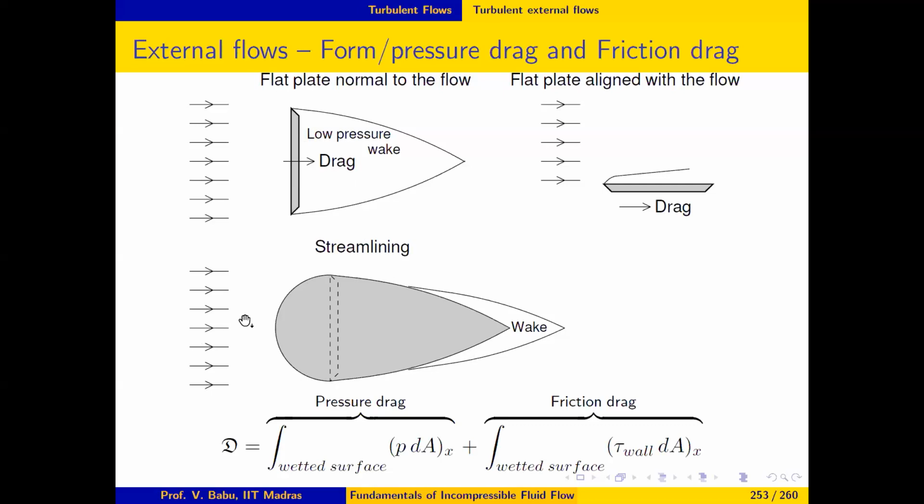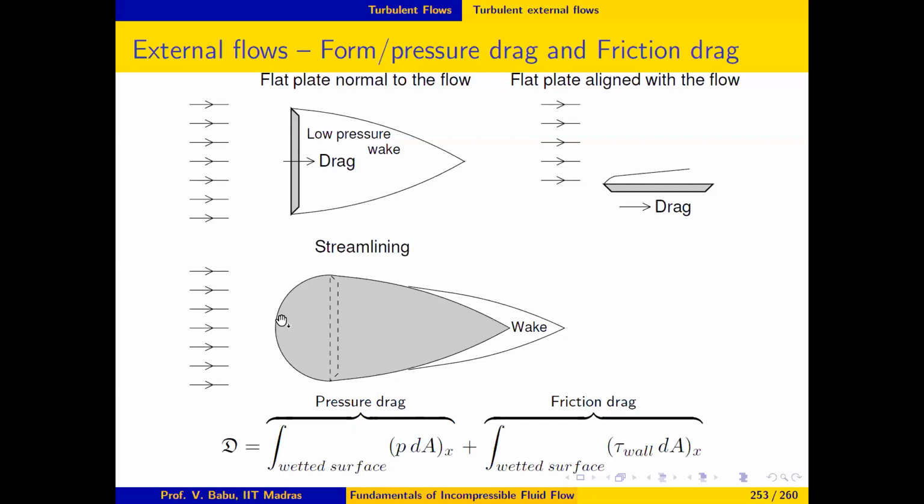So the fluid flows smoothly around this object, and the overall pressure drag is reduced. There may still be a small wake even in this case, but the difference in pressure force between the front and the rear of the object as a result of the wake is much smaller. So in this case, the pressure drag is much less than it was in this case for the same projected area.